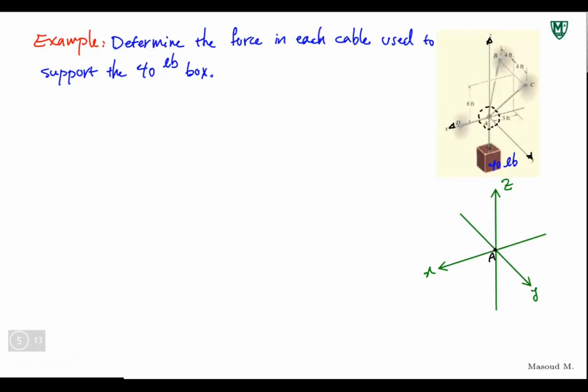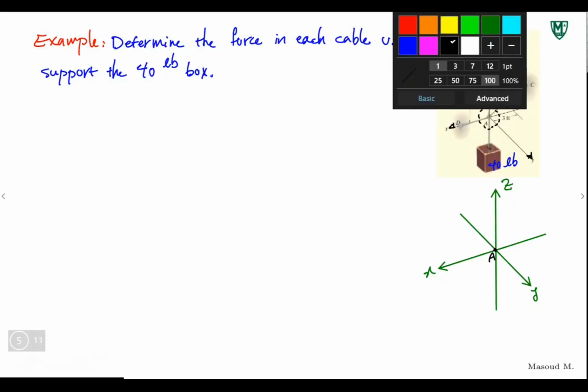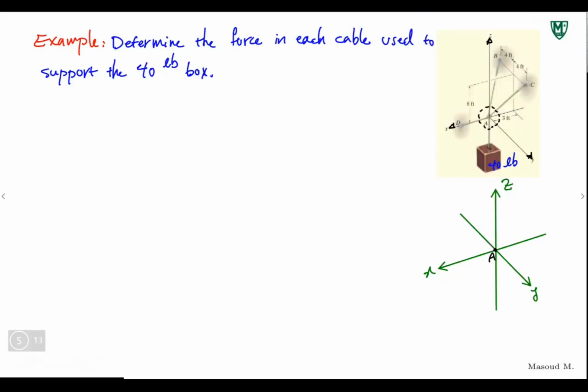Now, let's start with the forces. The first one is the obvious one. The box is 40 pounds downward, so it's pretty much this way, and I put it there, 40 pounds. And I have 3 cables. Cables can only be in tension, so I'll put those forces here.